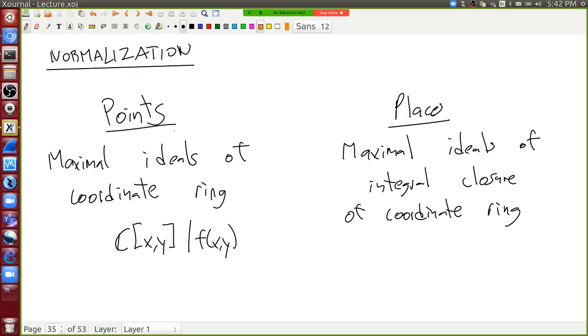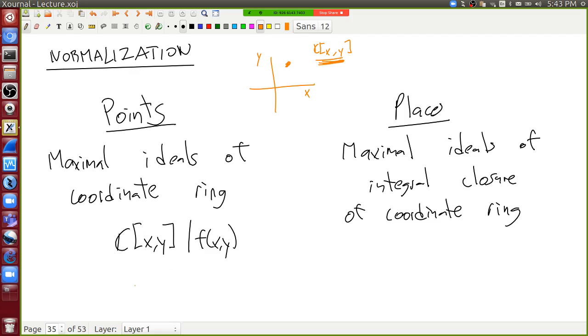So, for example, our points on our plane. We have our complex plane, x, y being complex numbers here, and we have a point. We note that the maximal ideals in this polynomial ring, first of all just the polynomial ring C[x,y], are in one-to-one correspondence with the points on the plane.